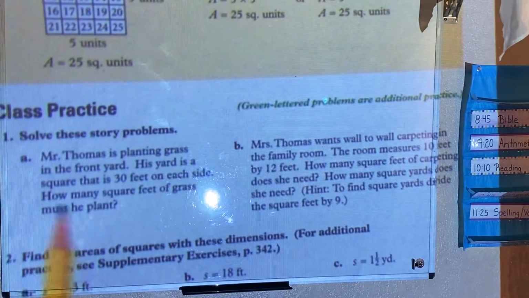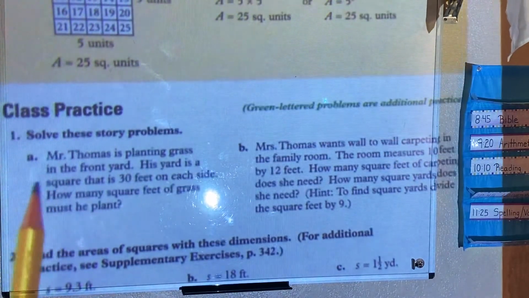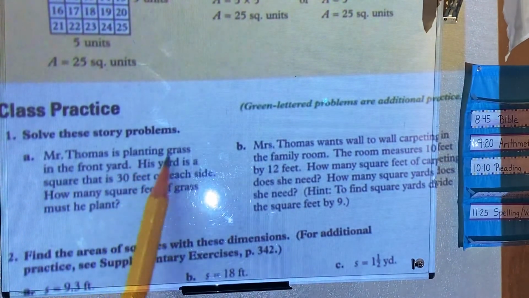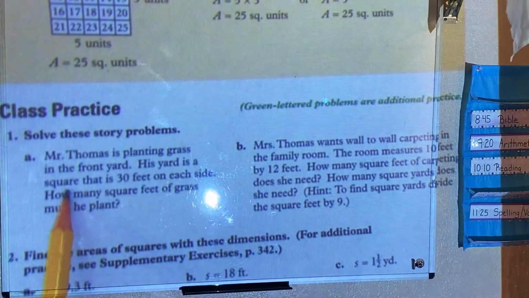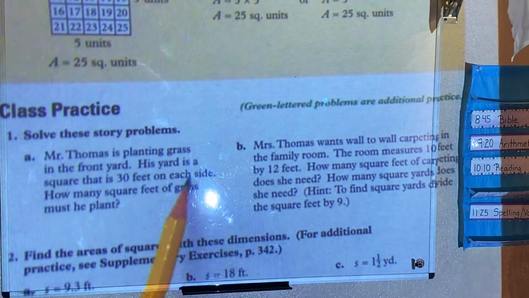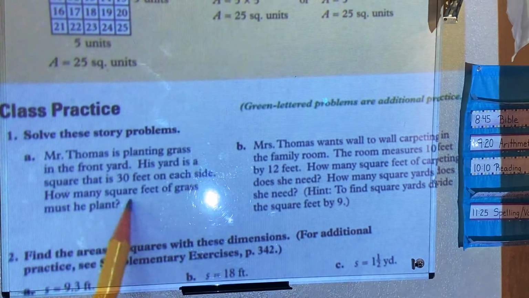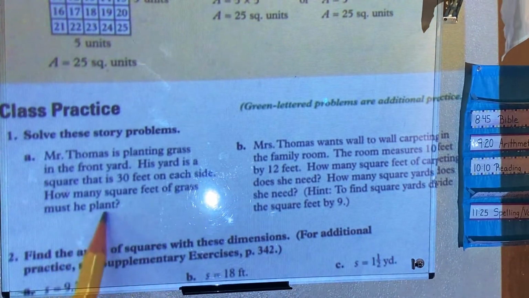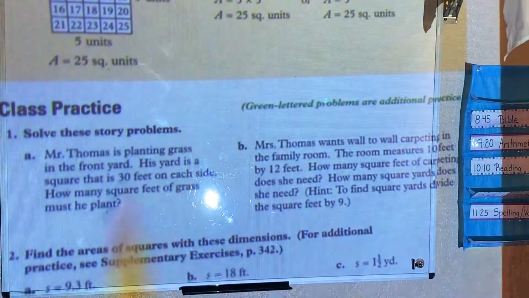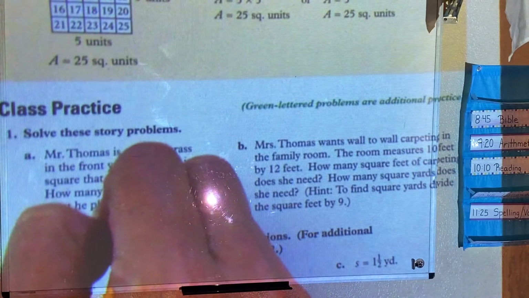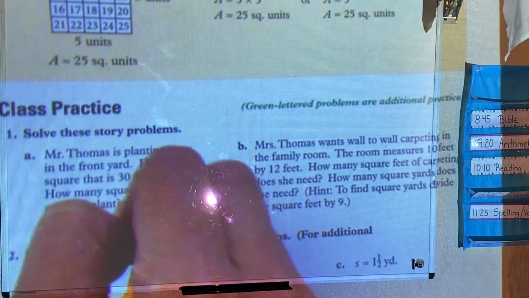Let's solve the story problem. Mr. Thomas is planting grass in the front yard. His yard is a square that is 30 feet on each side. How many square feet of grass must he plant? I'm going to choose the formula A equals S squared.